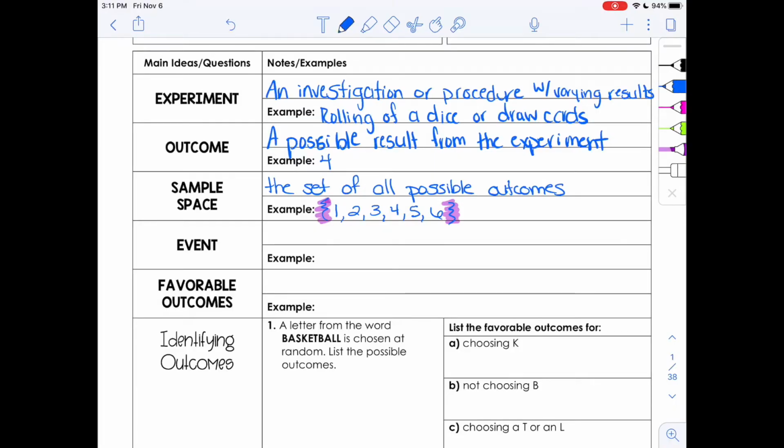Then we have something called an event. An event is a certain desired outcome. For example, rolling an odd number.